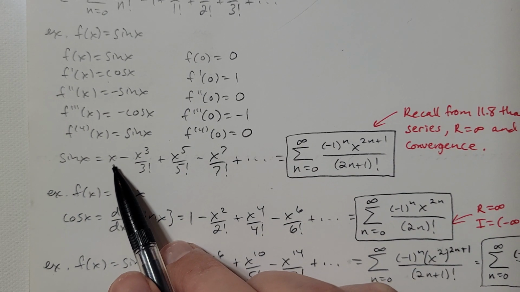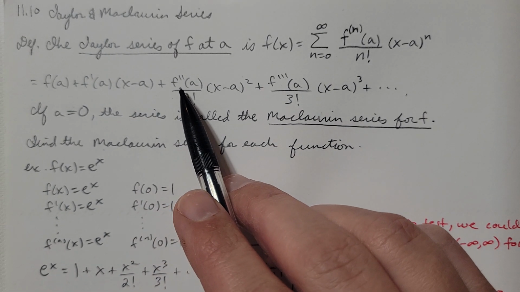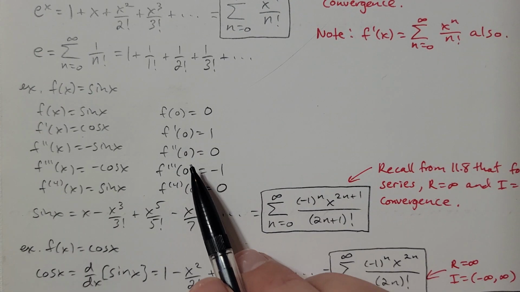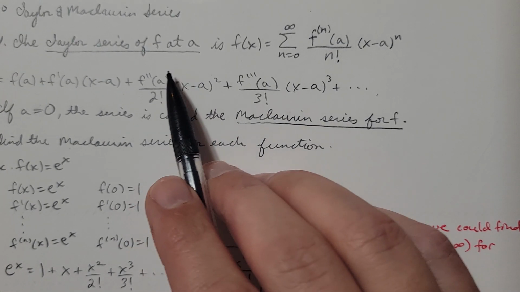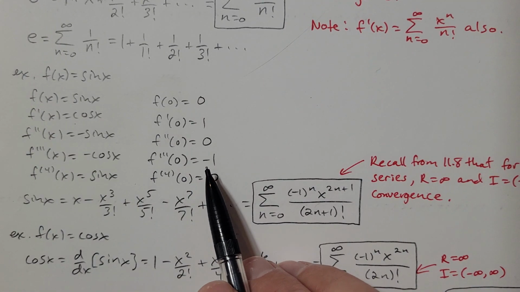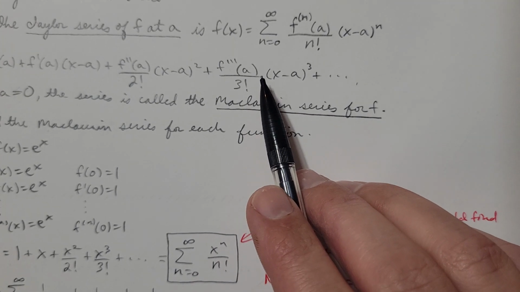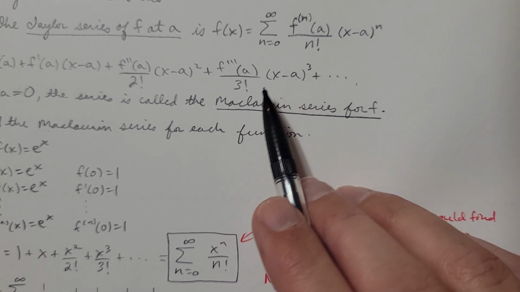So that's the first term. Then plus f double prime of 0 is 0, and 0 times anything is 0, so that knocks out that part. f triple prime of 0 is negative 1, so I'm going to have minus x minus 0 cubed over 3 factorial.